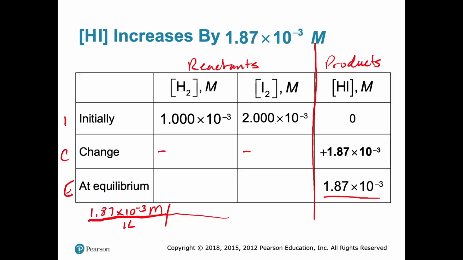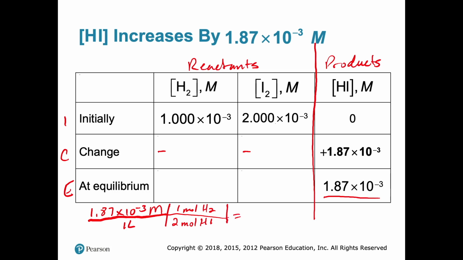Okay, so going back to our dimensional analysis, we have to get rid of moles somehow. How do we get rid of moles? Well, for every 2 moles of hydrogen iodide, we get 1 mole of hydrogen gas, and that will give us a number.